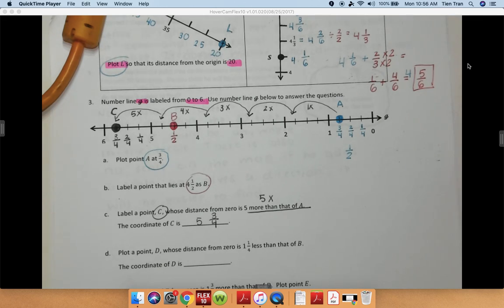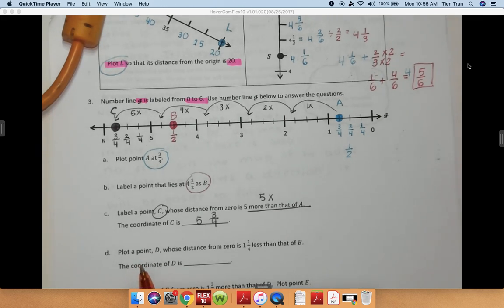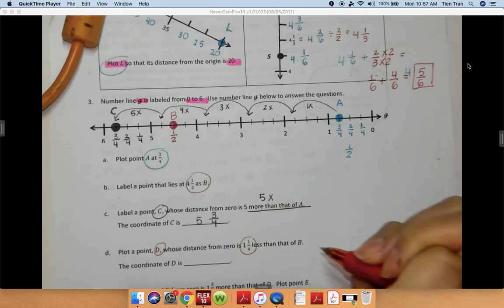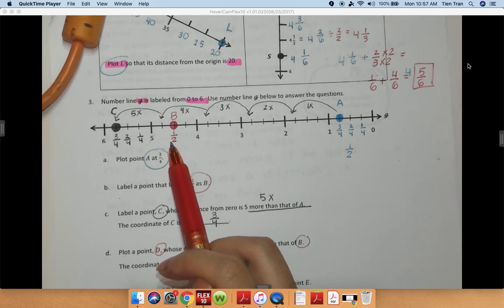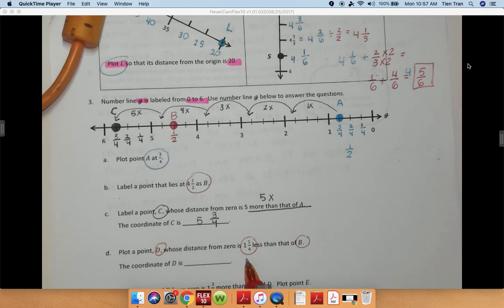Now, the next one says right here, plot a point D whose distance from 0 is 1 and 1/4 less than that of B. So we know B is right here. So I'm subtracting 1 and 1/4.